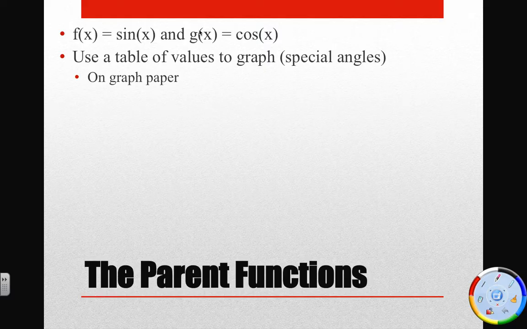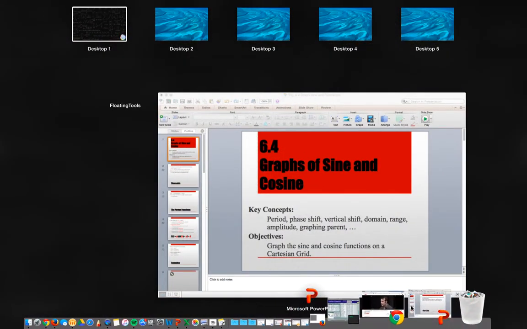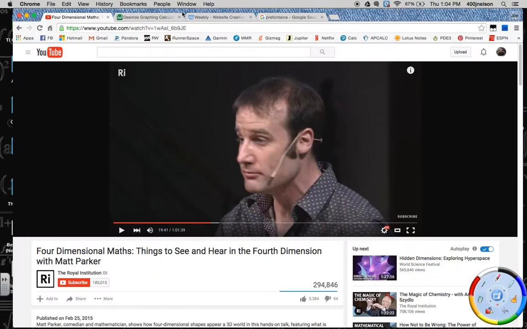What we're going to do is use a table of values to graph the sine of x or the cosine of x. I am going to do this on a computer program called Desmos.com. If you don't know about Desmos, I'll show you what it looks like here. I have Desmos up here somewhere.